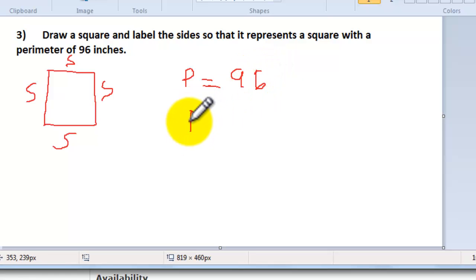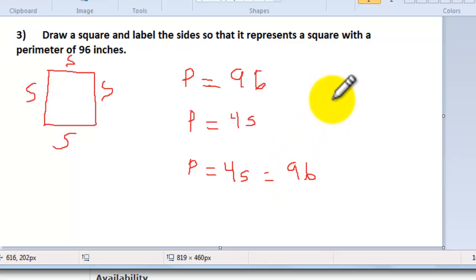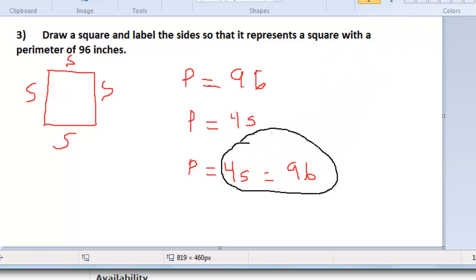We know that perimeter equals 4 times s, because we saw that in the last problem. Then we could say perimeter equals 4s equals 96. The perimeter is 96. So then we have this equation here. We divide both sides by 4 to get our answer for s.